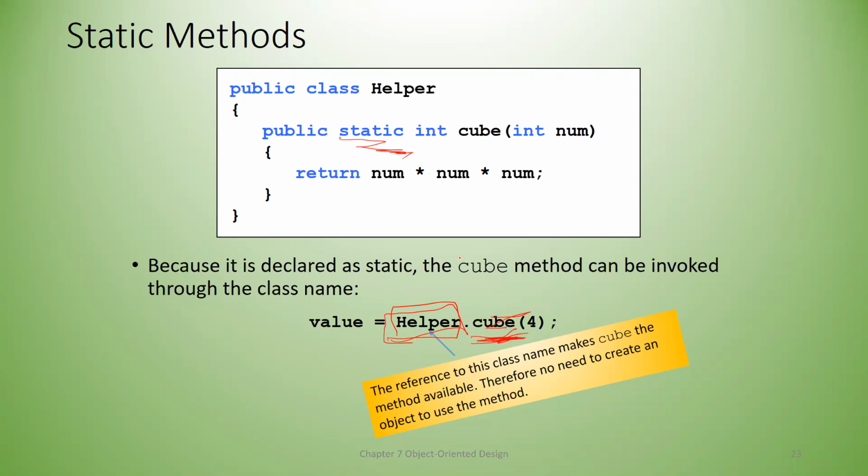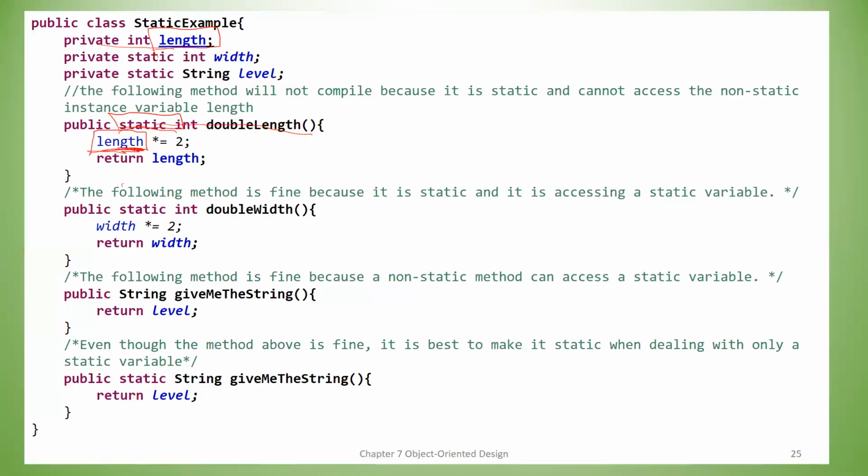But think about it. If in here you are referencing an instance variable, then that variable does not exist yet because you don't have an object. So that will not work. That's why you cannot reference an instance variable in a static method.